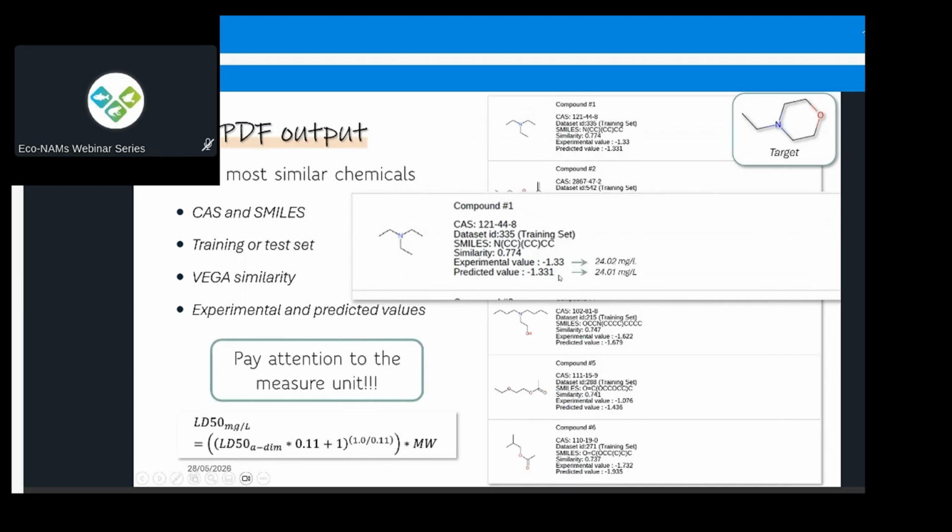So pay attention, because they are not in milligram per liter, and you cannot compare the values reported between the different models. You need to convert them using the instructions reported in the QMRF, or you can copy the SMILES and predict them as a new target. We are working to solve this problem.